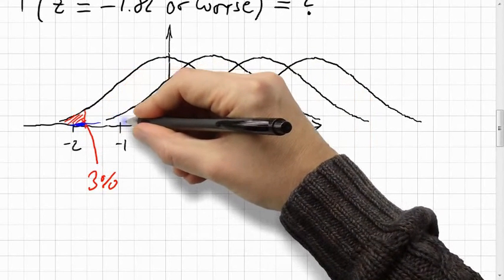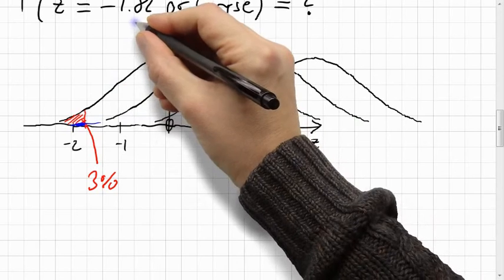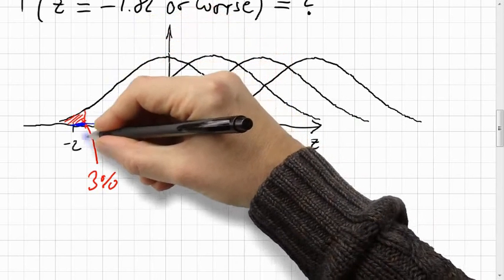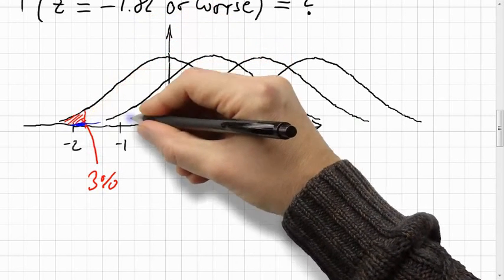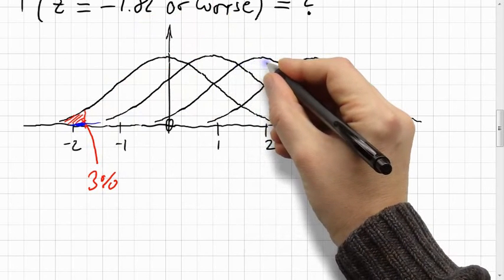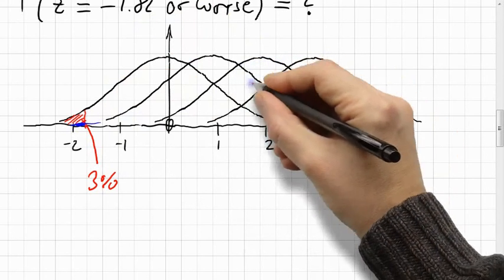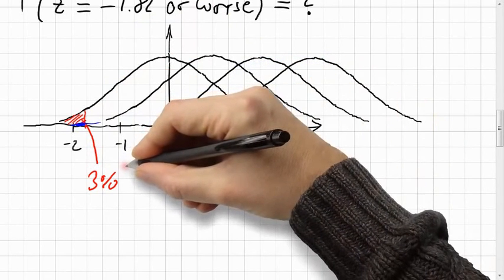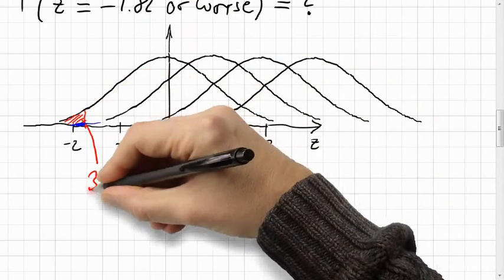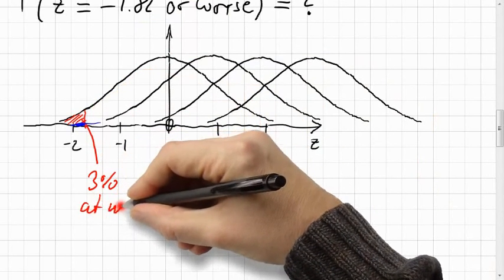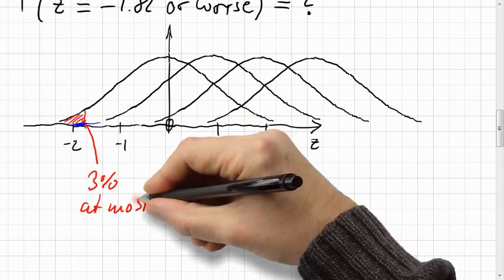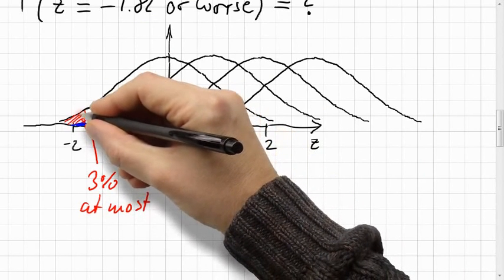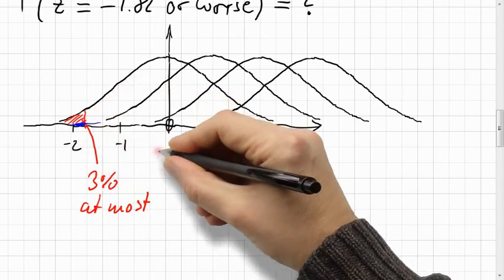The resulting probability of having a z-value of minus 1.82 or worse would be smaller, even more so for an expected value of 8 or 9. So what we can say is that this area is 3% at most. We do not have a specific value, we can just say this area is 3% at most.